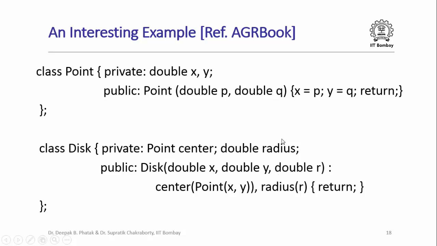And similarly, the data member radius is going to be initialized with the parameter r passed to the constructor function for disk. So here you can see the data member is initialized with the result of another constructor function to which I am passing the parameters straight away from the parameters of the constructor function for disk.